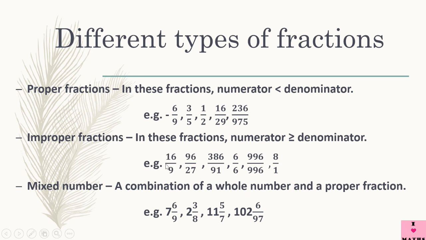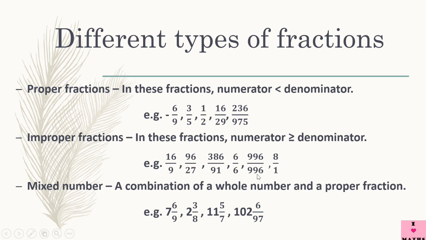So this is an improper fraction. 96 upon 27. 386 upon 91. 6 upon 6. Here the numerator and denominator are equal. Even this fraction is an improper fraction.